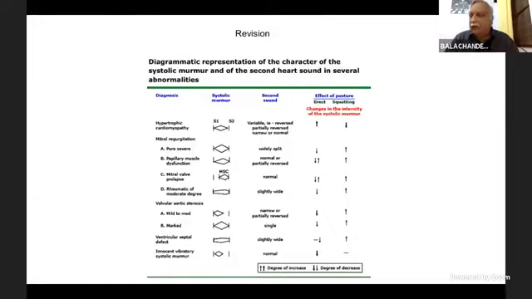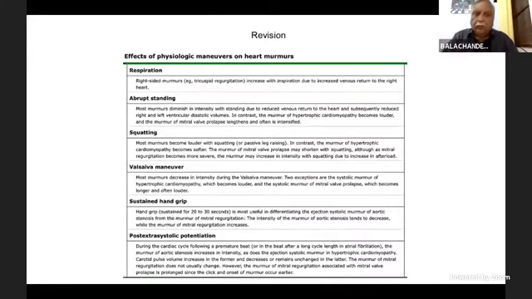I don't want to go into great detail because it tells you the different changes with dynamic auscultation in mitral regurgitation, pure severe with papillary muscle dysfunction, slightly different, and it will help you to diagnose mitral regurgitation, mitral valve prolapse, rheumatic, VSD, and the innocent murmur. And this also tells you the effect of physiologic maneuvers on heart murmurs.